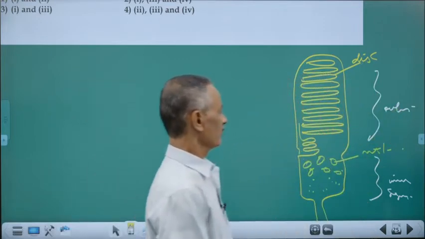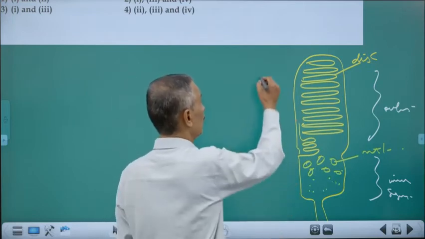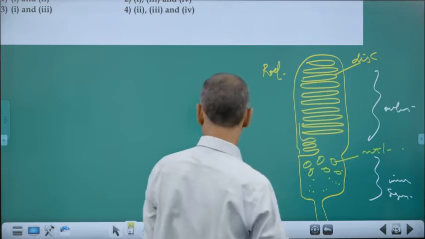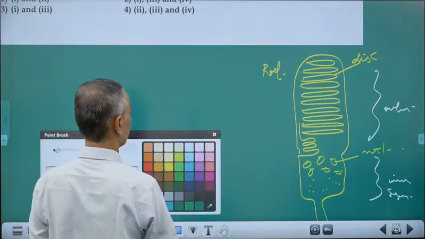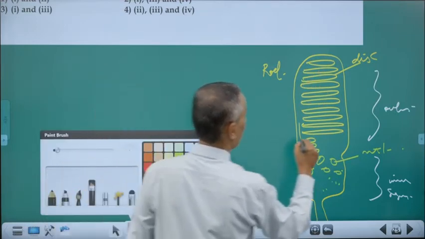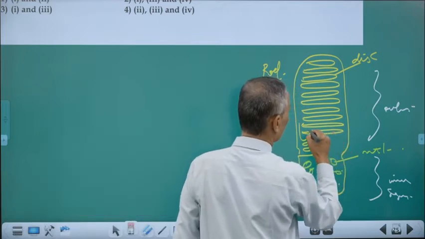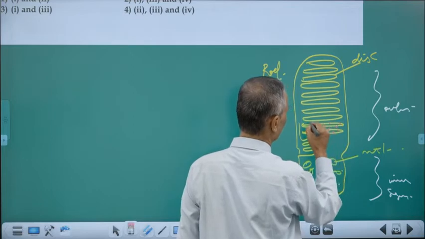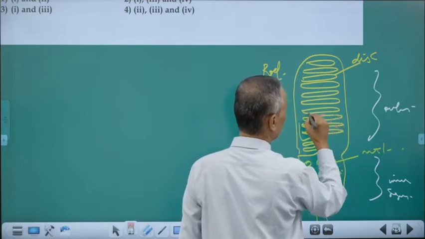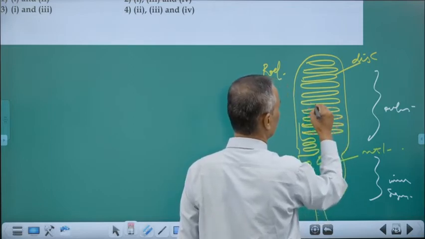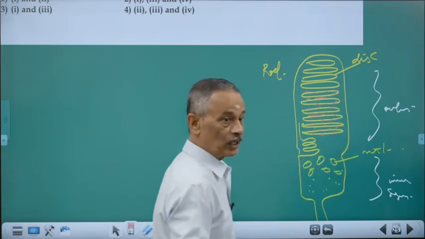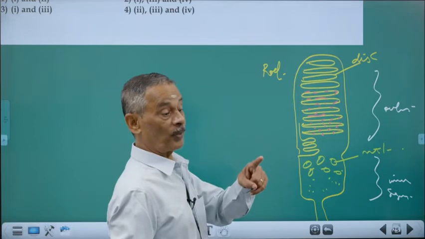This is the structure of a rod. In the disc, you are having the photoreceptors embedded within the membrane. In this membrane, you are having the photopigment. What is the photopigment?